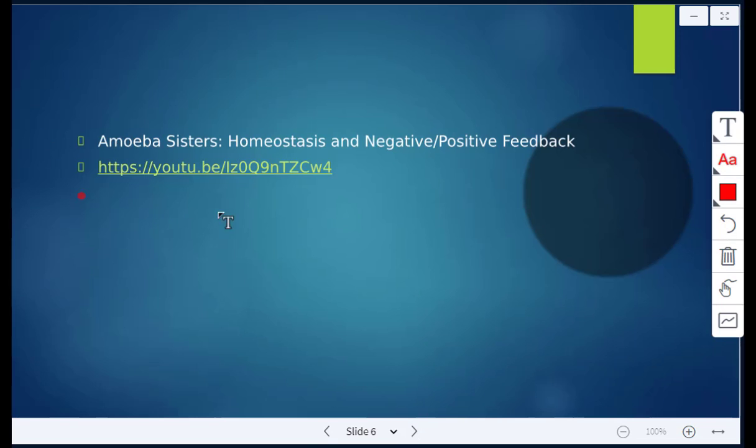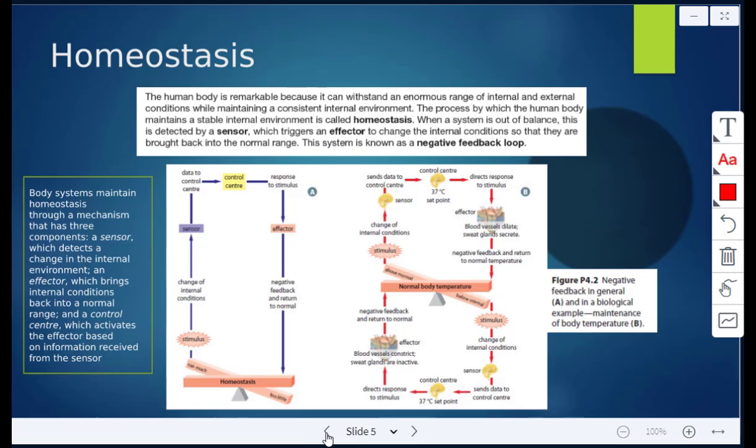All right, there is this video attached on homeostasis and the feedback loops. I'm just going to go through this example here. Let's say the control center, the set point for our body temperature, is 37 degrees Celsius. And let's say there is a stimulus, and the stimulus could be that it's cold.